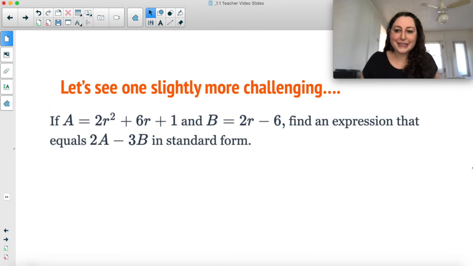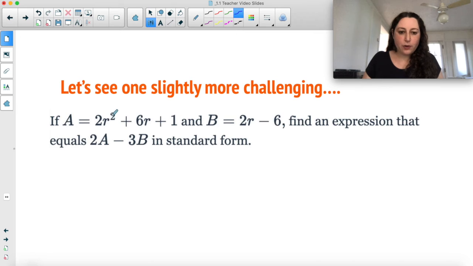We're going to look at one slightly more challenging. If a equals 2r squared plus 6r plus 1, and b equals 2r minus 6, find an expression that equals 2a minus 3b. Okay, so the first thing we're going to do is plug in this whole expression for a, where you see a, in parentheses, since the whole polynomial is going in for a.